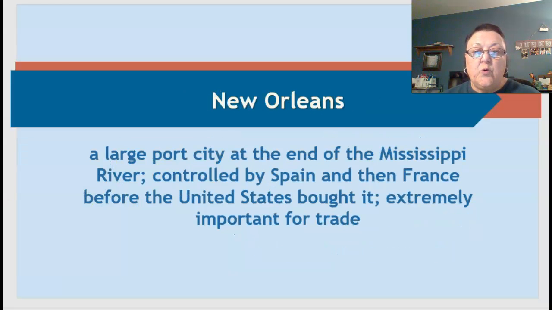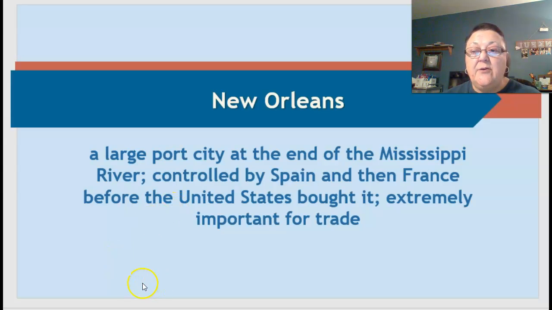And then there, of course, is New Orleans, which is now the capital of Louisiana. New Orleans is a large port city at the end of the Mississippi River, and I showed that to you. It was controlled by Spain, and then France took it over. And then once France had it, the United States bought it from France.